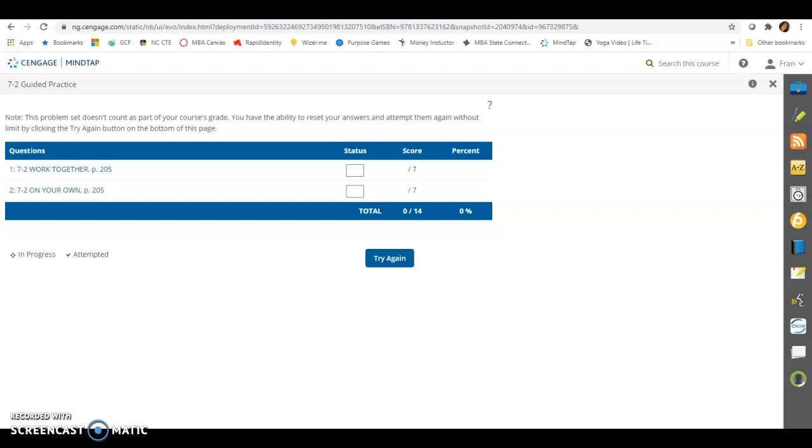Okay, so now we work on our way to 7-2 Work Together, where we're now going to be working on the balance sheet in our financial statements.